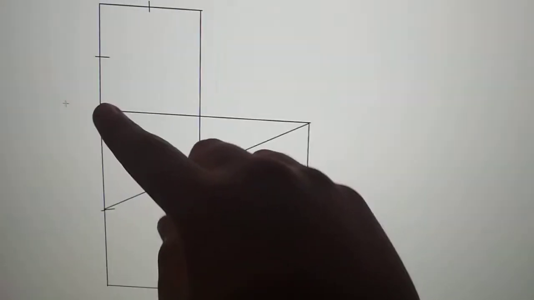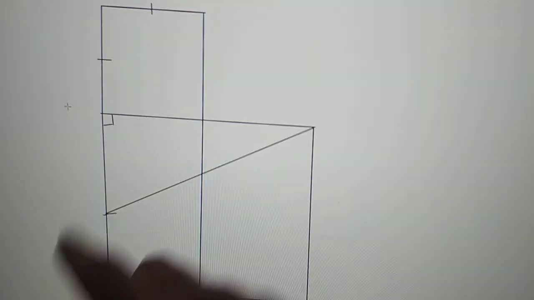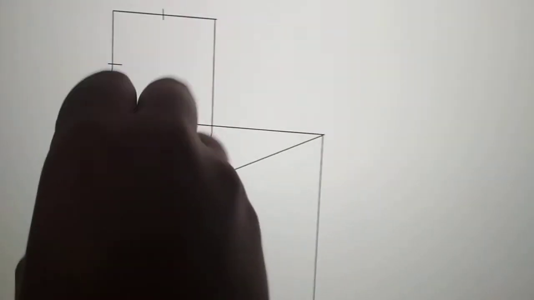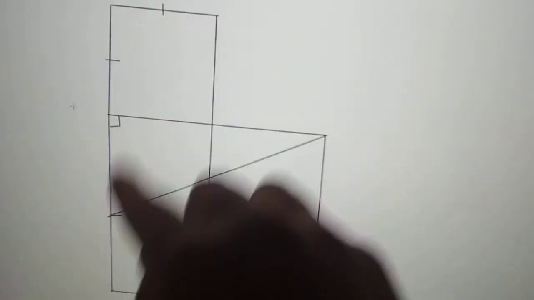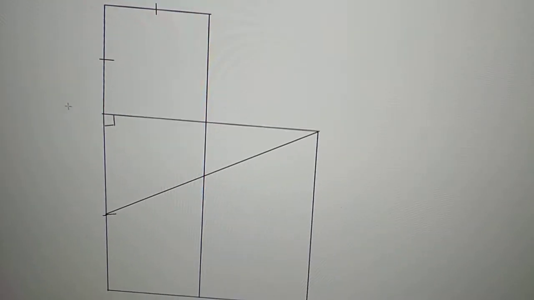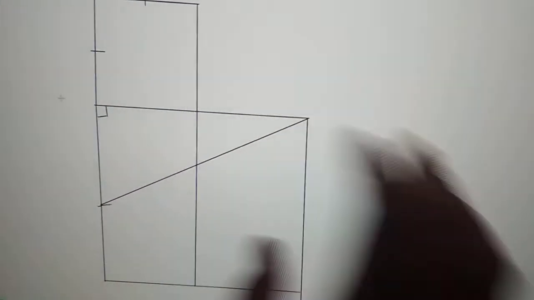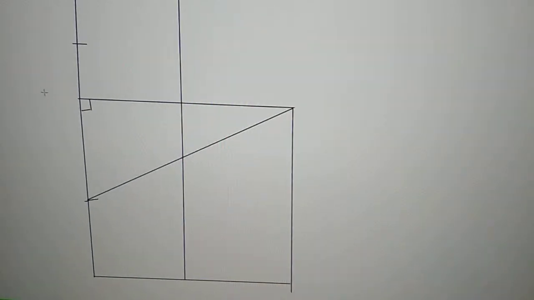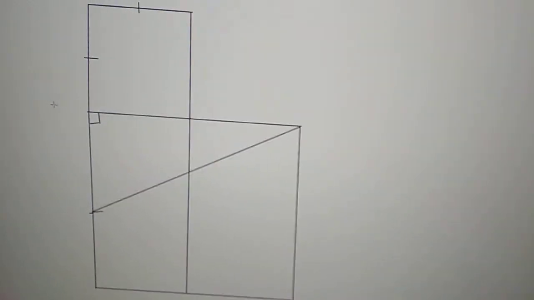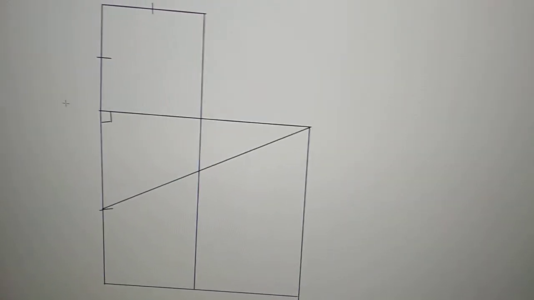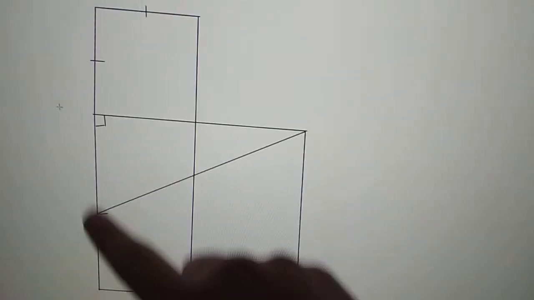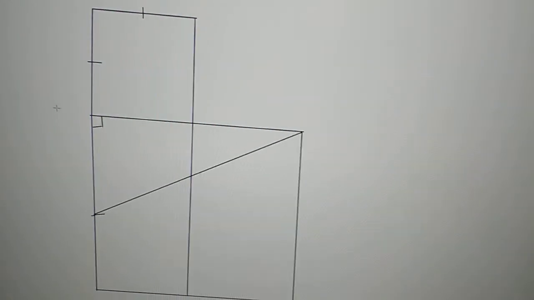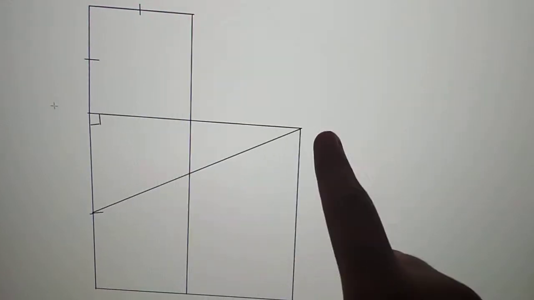But we see that the square on this is common on both sides. So let's subtract this from both sides. So the remainders will be equal, because if we have two equal things and we subtract from the equals, the remainders will be equal. So the rectangle contained by this and this is equal to the square on this.